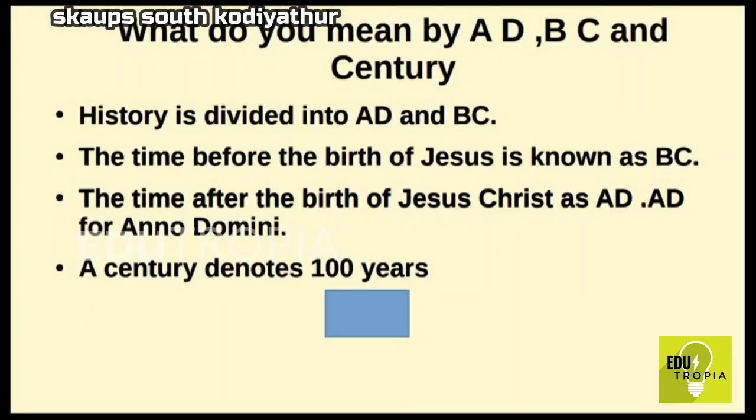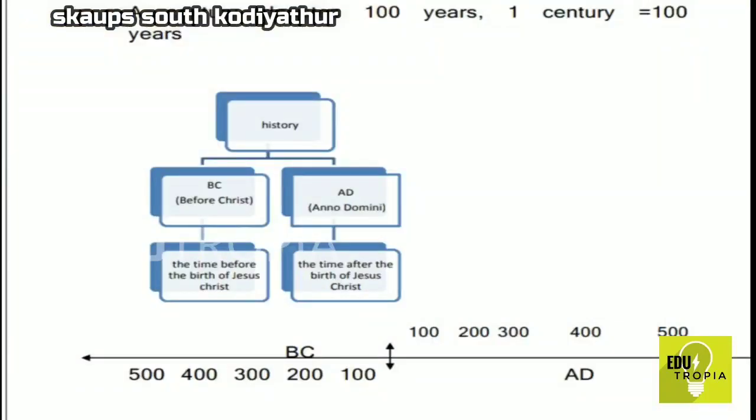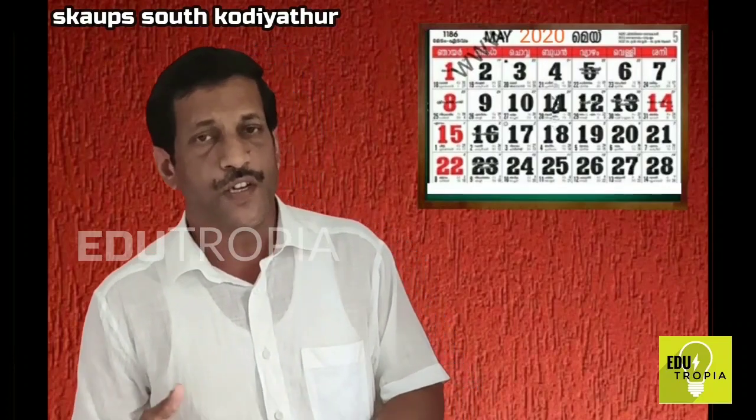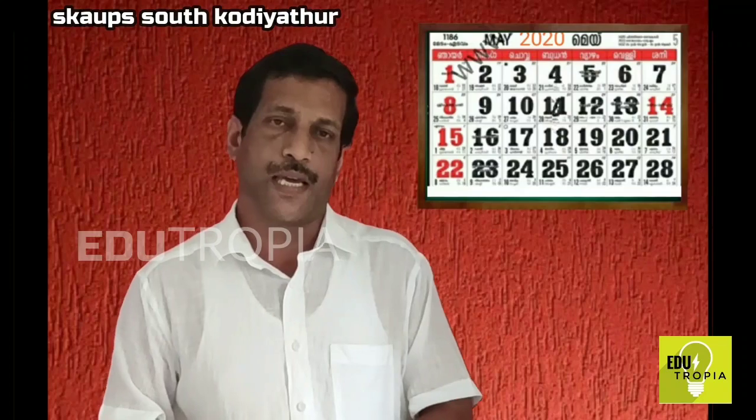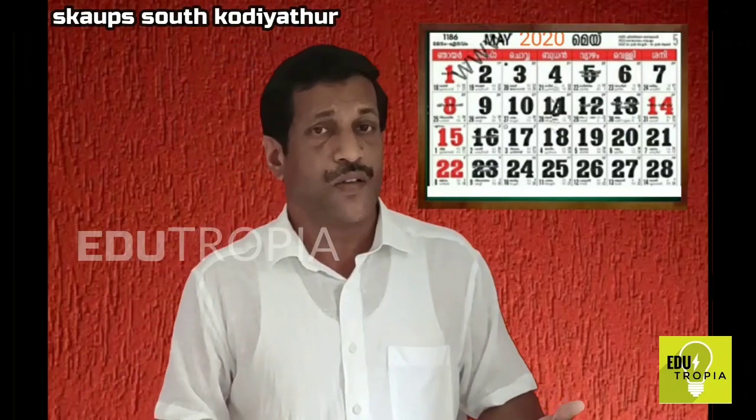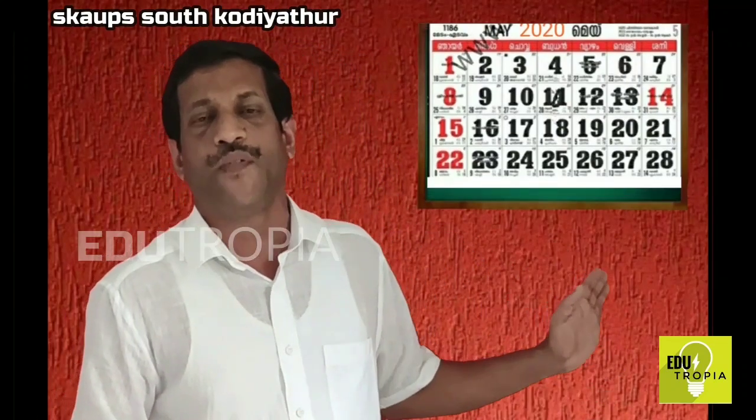Okay, please look here. Here is the picture of a scale that denotes AD and BC. What is this? A calendar. Didn't you see a calendar in your home? We are very familiar with this type of calendar.